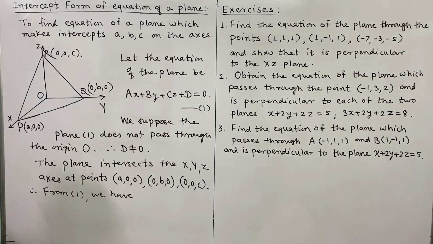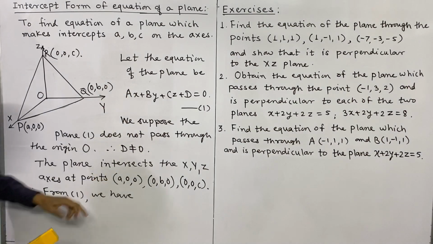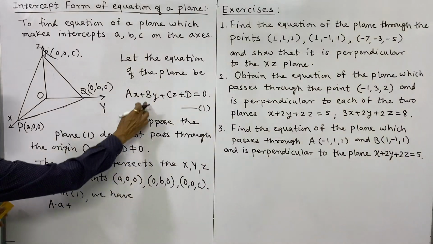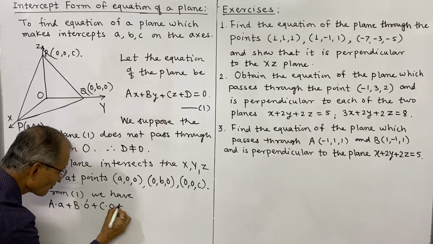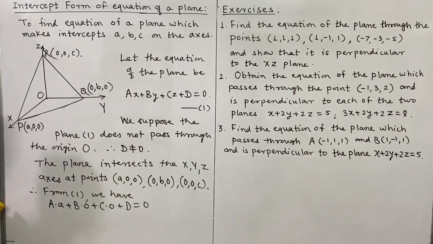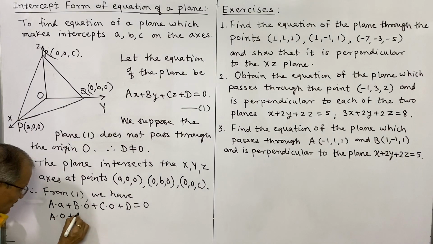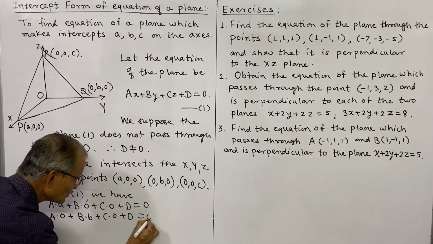So from 1 we have, now see what we get if we put this point here: capital A into small a plus capital B into 0 plus capital C into 0 plus d is equal to 0. Second, 0, b, 0 means capital A into 0 plus capital B into small b plus capital C into 0 plus d is equal to 0.